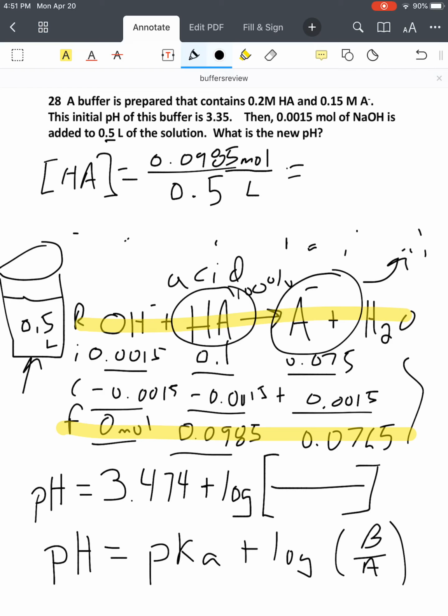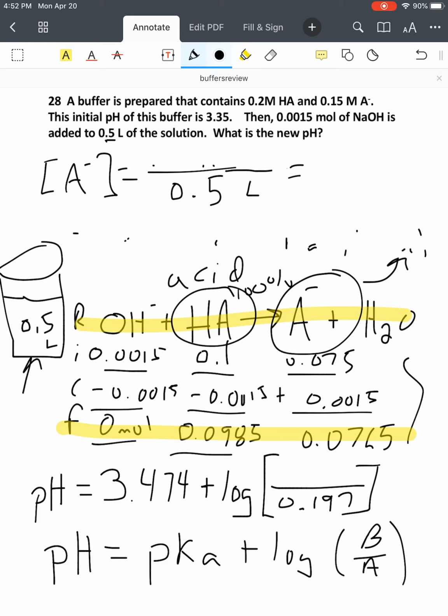And if I did that, then I can do 0.0985 divided by 0.5, and that's going to give me 0.197 for my molarity of my HA. Now remember, the acid goes in the denominator. It needs to go down on the bottom. And I'm going to do a real similar calculation now for my base. I'm going to compute my A minus concentration.